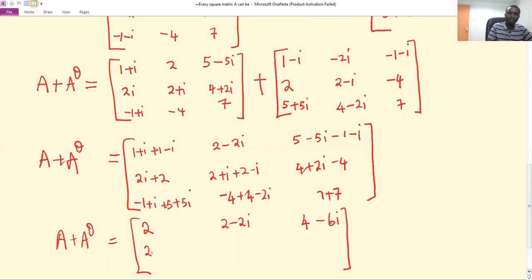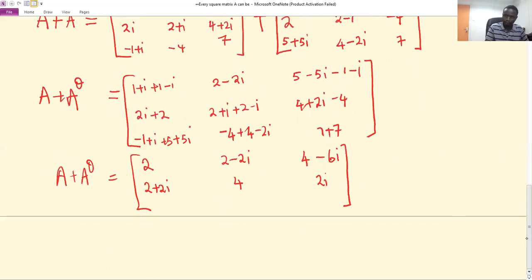This will be 2 plus 2i. i minus i is 0. 2 plus 2 is 4, 4 minus 4 is 0. So this will be 2i. And then minus 1 plus 5 is 4. i plus 5i is 6i. And then minus 4 plus 4 is 0. So this is minus 2i. And then this is 14.